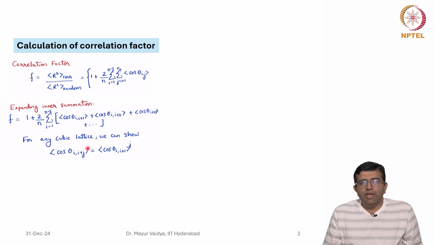Now, for any cubic lattice, we can show that the average of cos theta i plus j is equal to the average of cos theta i plus 1 to the power j.